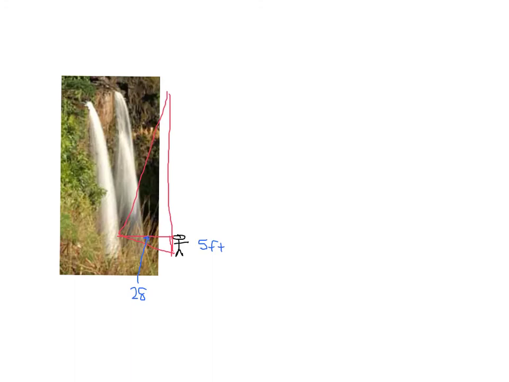So the 28 feet would be the distance away from the waterfall, and that's going to be that segment right there. So what we're going to try and find is the height of the waterfall. In other words, we need to find this segment from eye level all the way up to the top of the waterfall. We can use one of our theorems to do that, except we're going to use it a little differently.